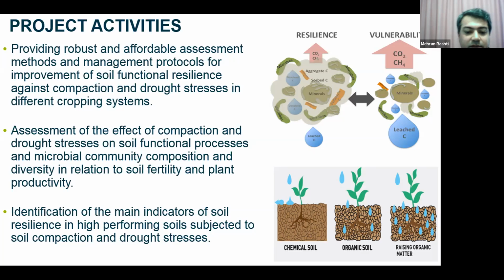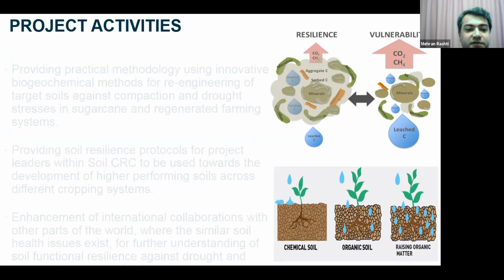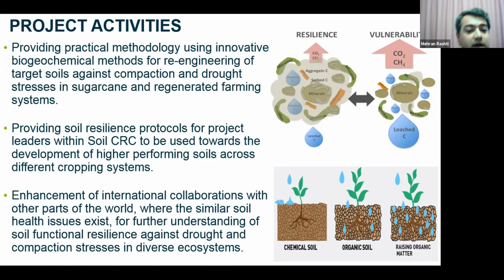As you know better than me, more than 20 or 30 different tests are available worldwide for measuring soil health, but the results are not consistent, they're not affordable for farmers, and they're not applicable to every farming system. So we try to have a good understanding of what's happening in Australian soils and how we can minimize the number of tests that have to be done.